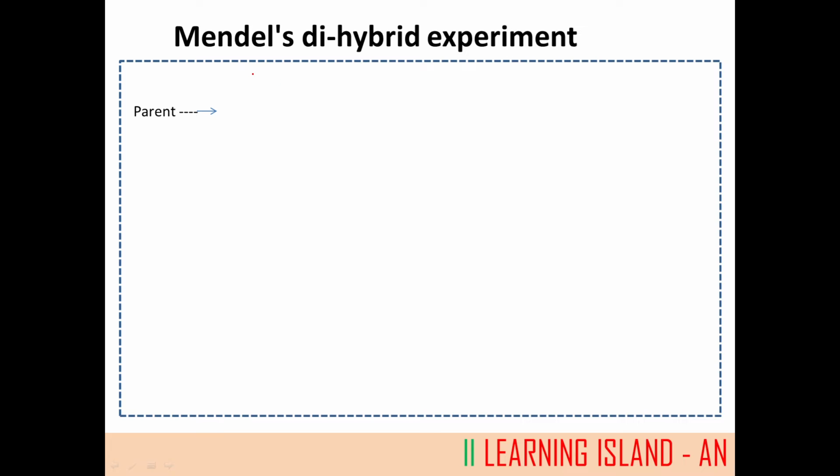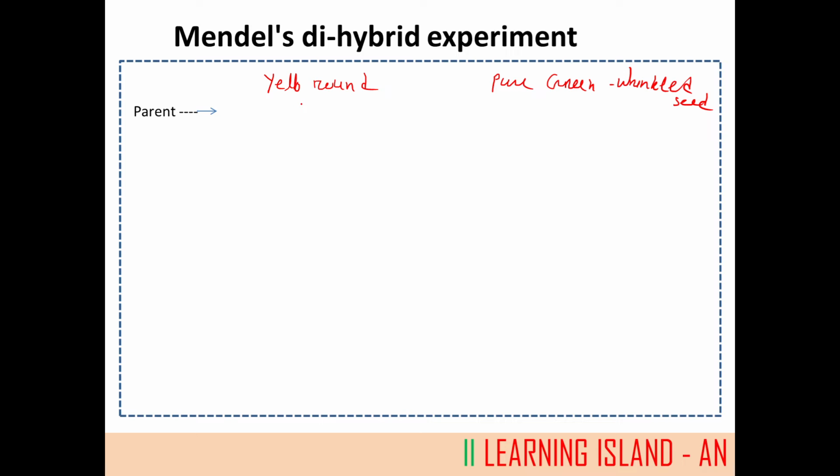So two characters are what? He had taken pure yellow and round, and pure green and wrinkled seed of pea plant.